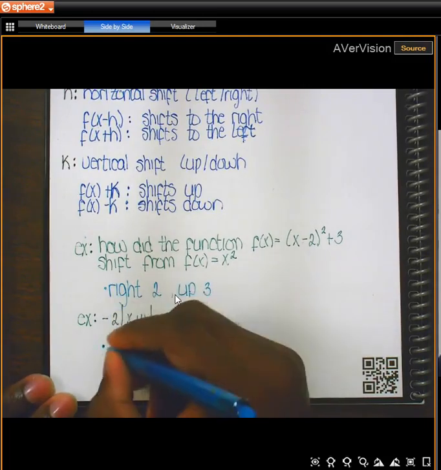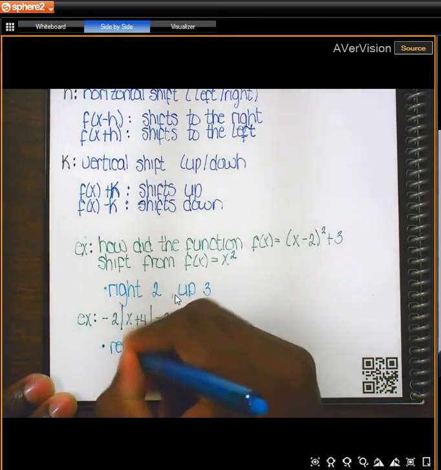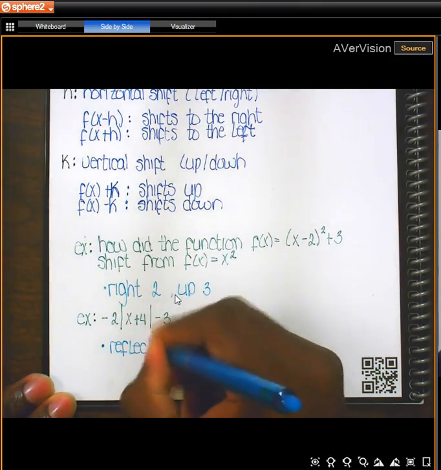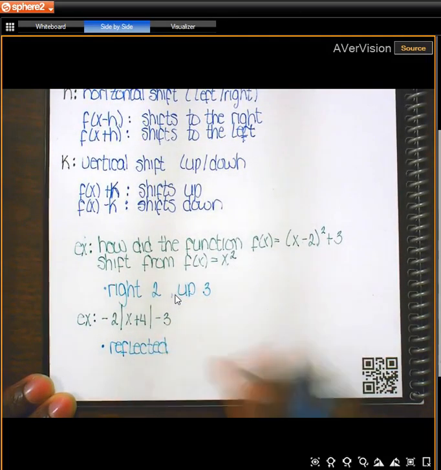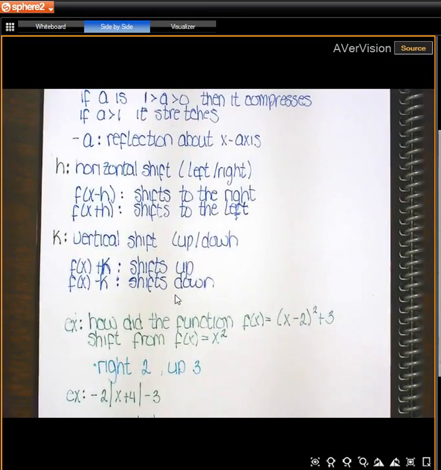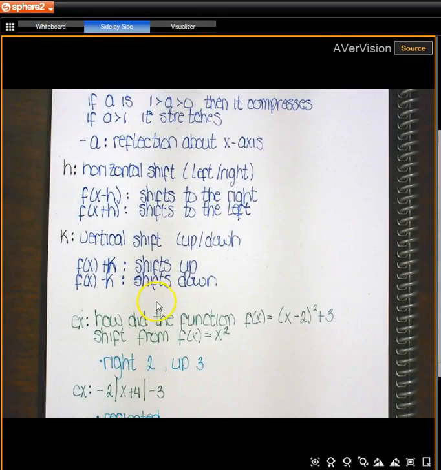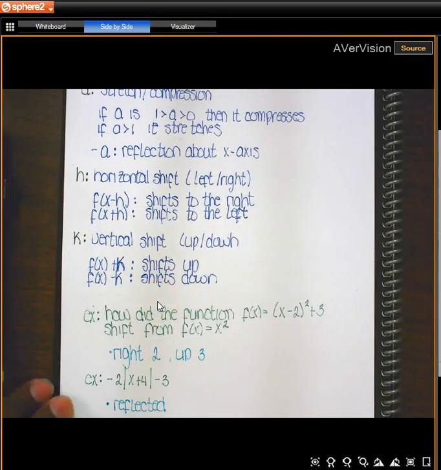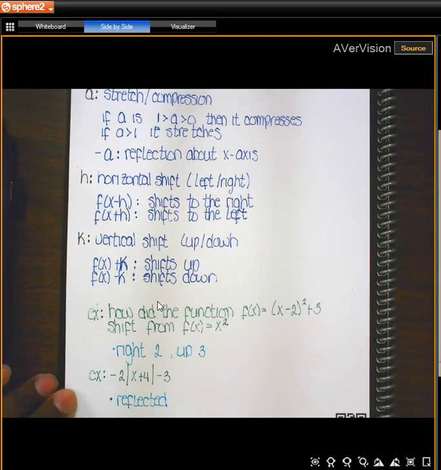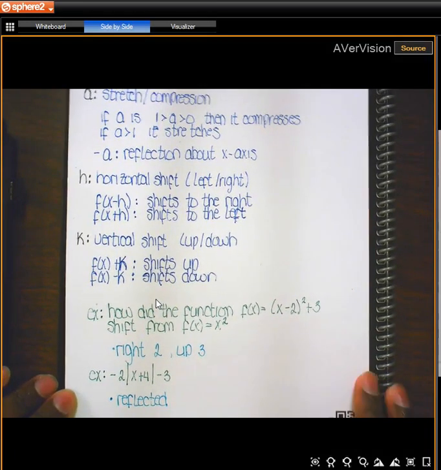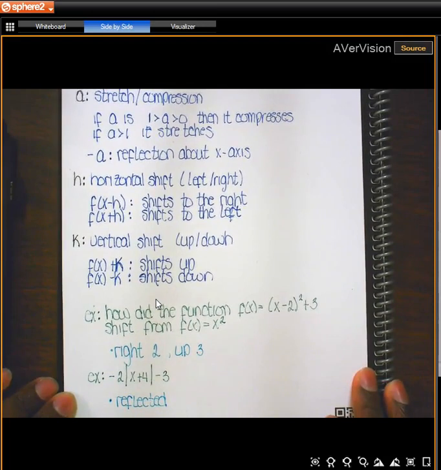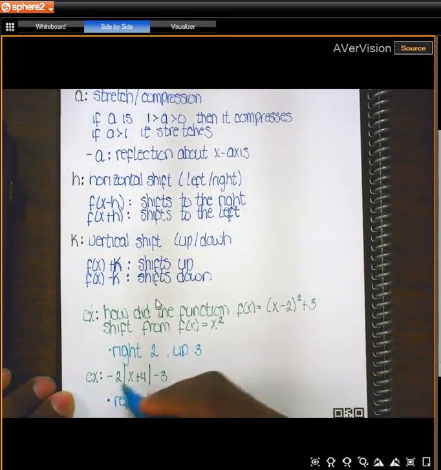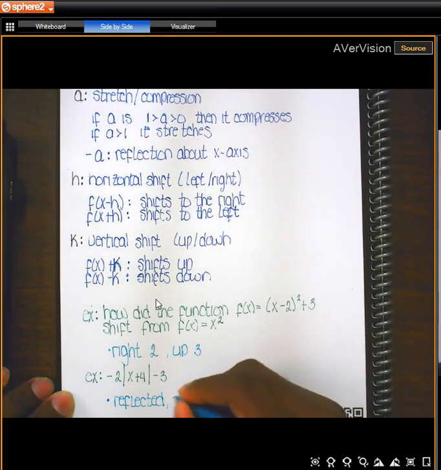This negative tells us that it's reflected. This 2 is greater than 1, so that tells us that it's stretched.